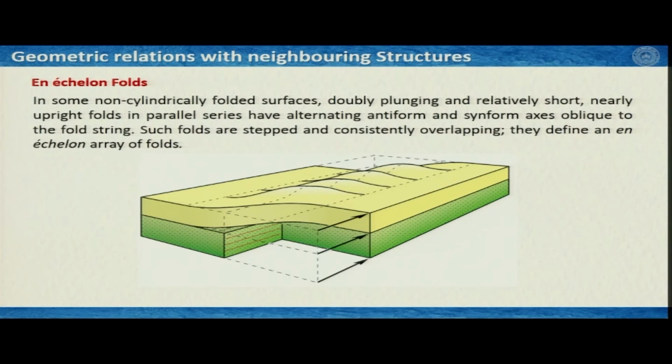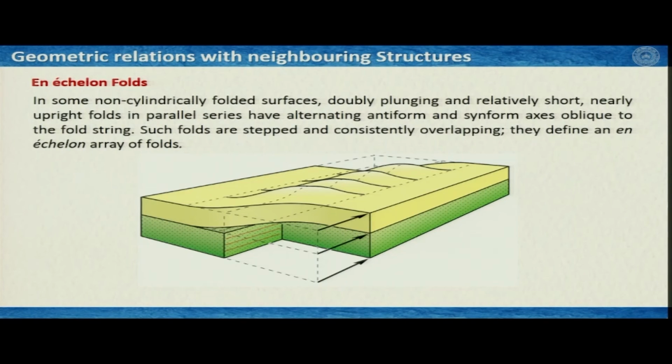You see in a parallel series, they have alternating antiform and synform axis oblique to the fold string, and these folds are stepped and consistently overlapping to each other, and they define an en échelle array of folds and known as en échelle fold.